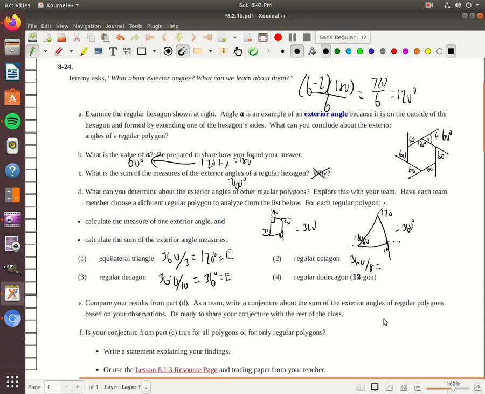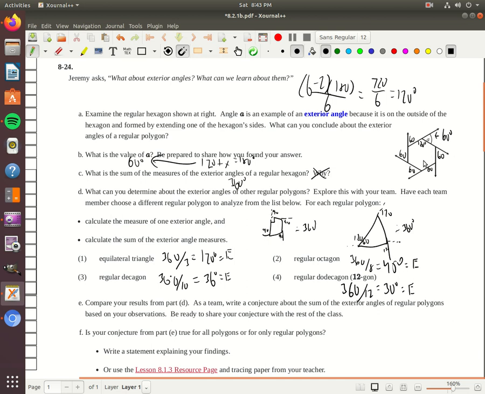Again, back to the calculator. So 360 divided by 8. Ugh, fat thumbs. 360 divided by 8 is 45 degrees. I don't know how I didn't know that. Again, that is the exterior angle. Here, dodecagon, 360 divided by 12 is 30 degrees. That's the exterior angle. So the exterior angle is actually very easy to find.